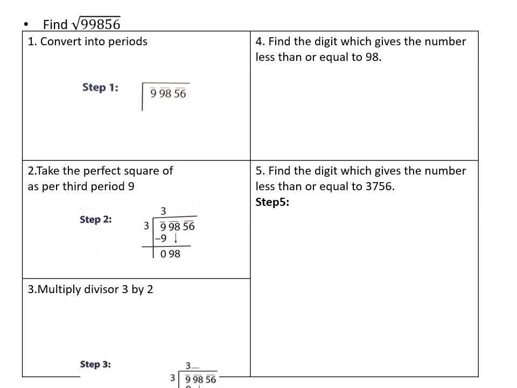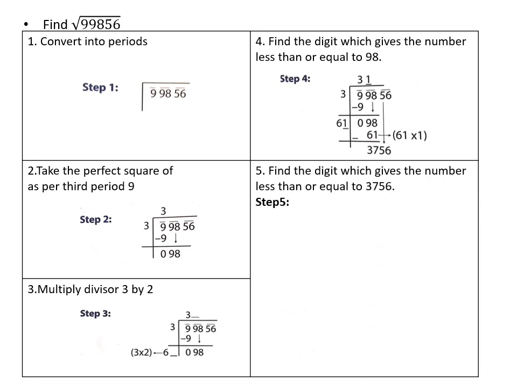And in the next step, you have to multiply 3, that is the divisor, by 2, and write 6. Put the dash on the right side. Now here one by one you have to write the numbers and multiply with the same number, so that you will get the number which is to be subtracted from 98.